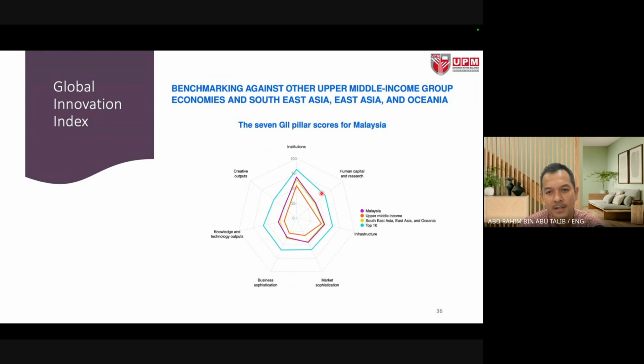How to read it is basically, when we talk about human capital and research, the top is around 70 or 65%, while Malaysia sits under 40%, and that's how we reach this chart. But nonetheless, we can see that Malaysia is about the same compared to the rest of Southeast Asia and Oceania countries. So not that bad. That's why we are sitting in the top 40 countries.